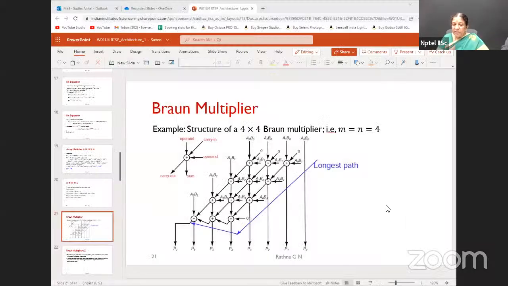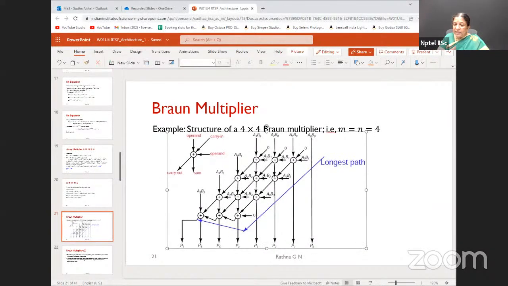Okay, so you are seeing the Braun multiplier. The first one we'll consider as a half adder because 0 is the input and the carry input is not there. So there are 3 half adders here.